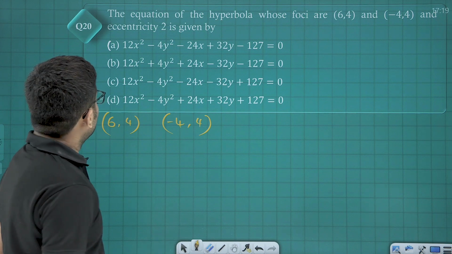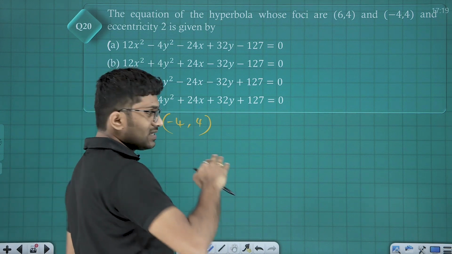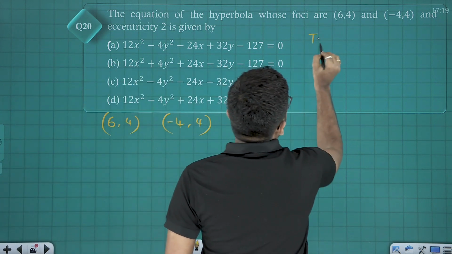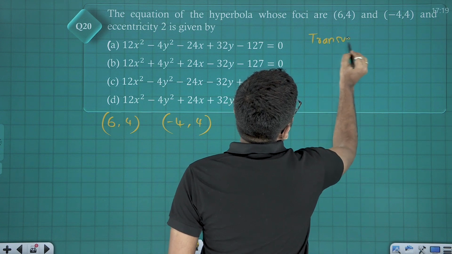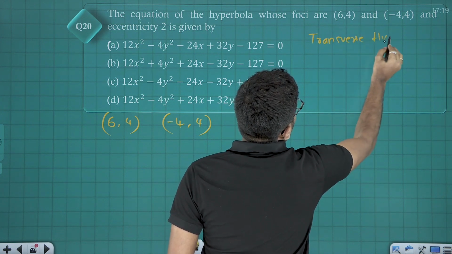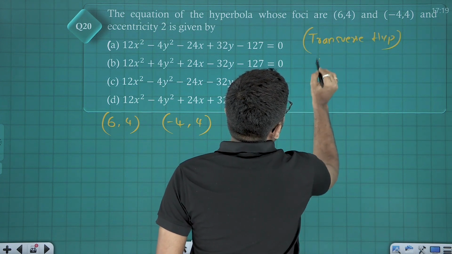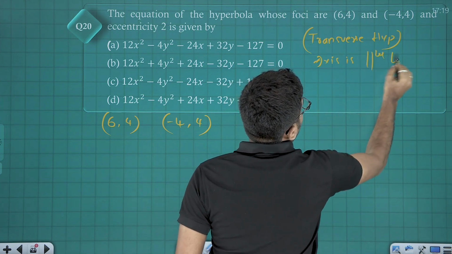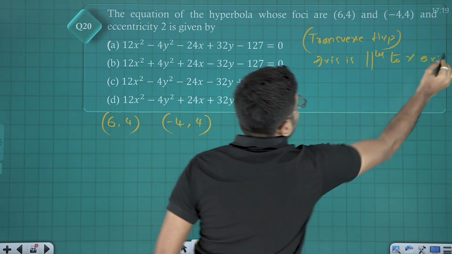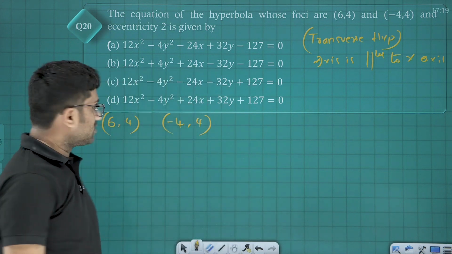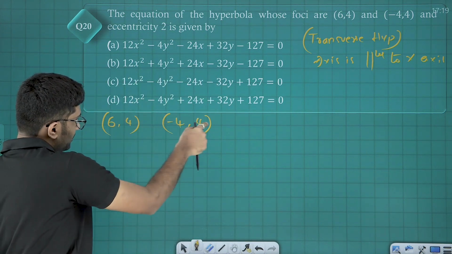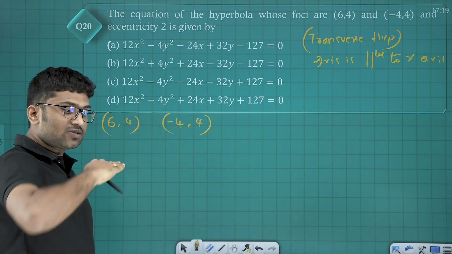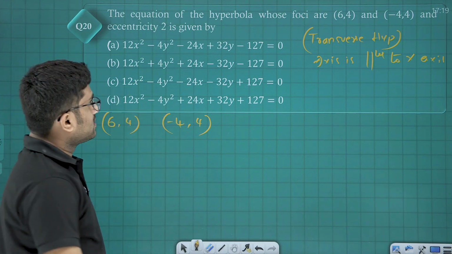Okay, so that one thing we have understood, that it is a transverse hyperbola. Why? Because the axis is parallel to x-axis. Sir, how do you know that it is parallel to x-axis? Because see, the foci have the same y coordinate, so it is parallel to x-axis.